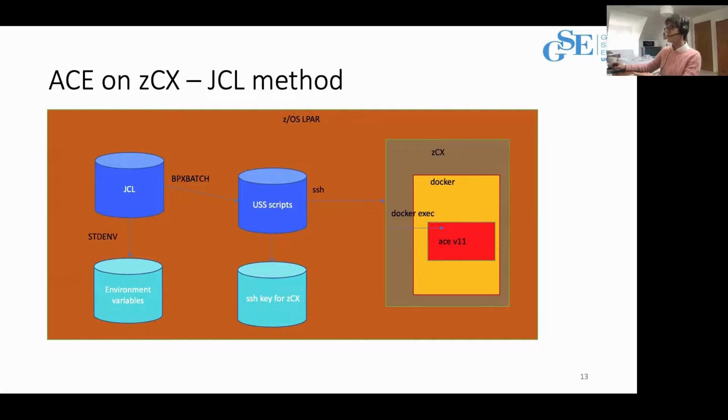So we ship JCL to start your integration server. You can use it to issue commands onto the integration server, to stop your integration server, and to transfer files to and from your integration server. So if you want to put a BAR file on or take off script files, trace files or something, we ship JCL to do that too.